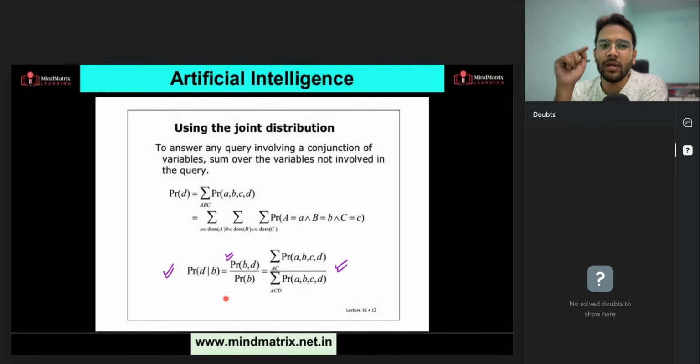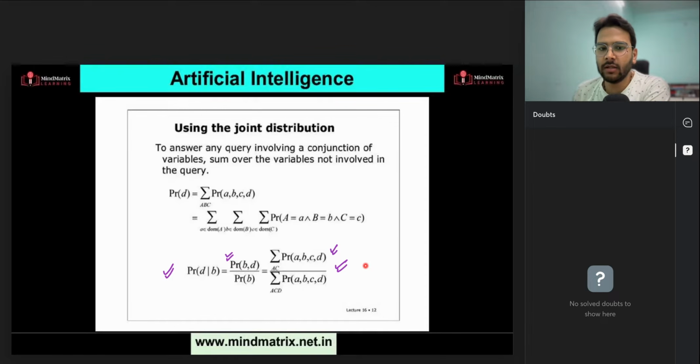In this case, if I'm finding the probability of B comma D, can I say the remaining variables A and C are my hidden variables? Yes or no? And if A and C are my hidden variables, I can write it like this: summation over A and C of the joint probability distribution over all the variables. Yes or no?